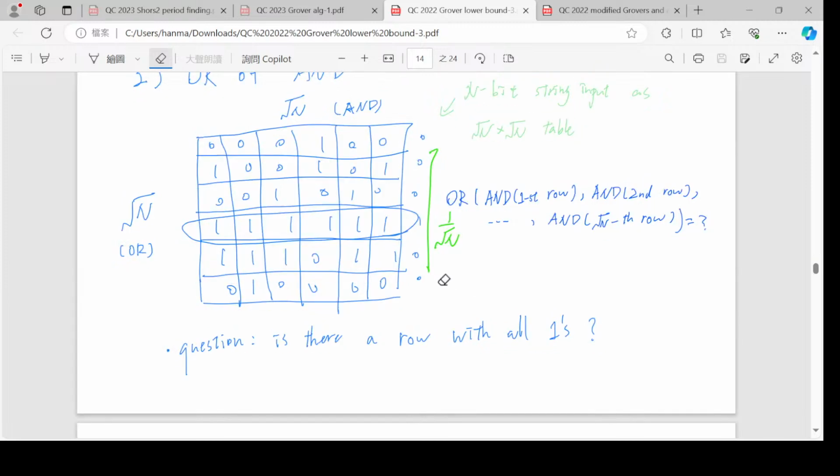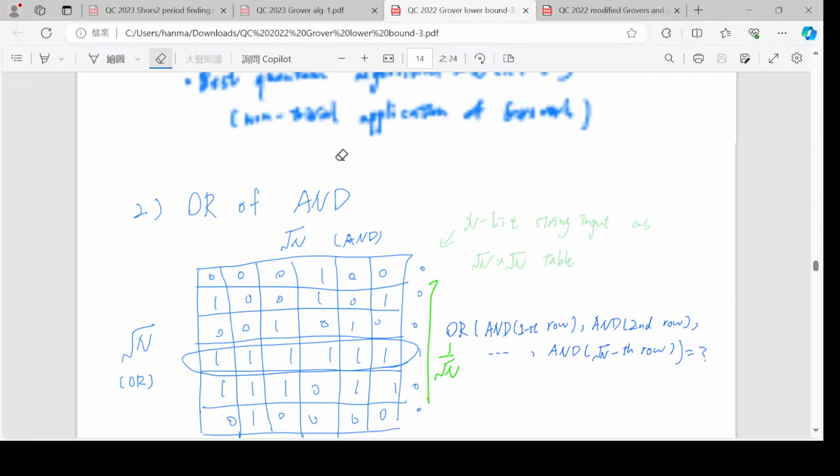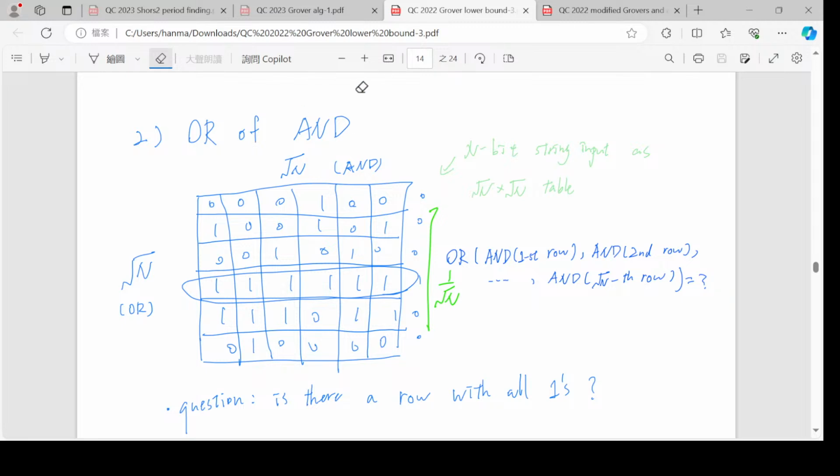Theoretically, what people like to do is nested Grover search. We say Grover search is like solving for the OR problem. So if you have OR, then what if you want to solve AND of OR? Think about this weird problem. It's a bit tricky. We always think of the input as a truth table.